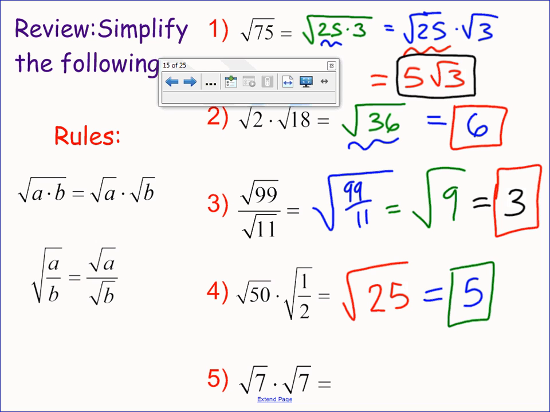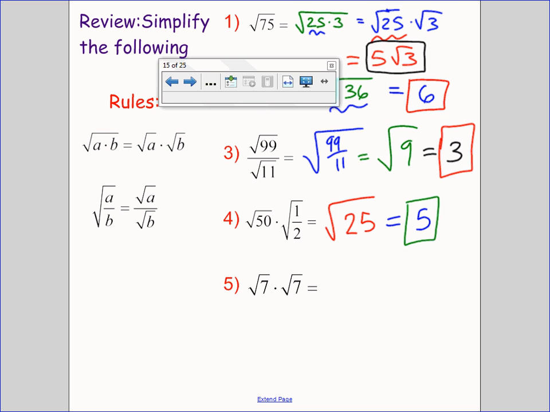And lastly, an equally important property, a square root times itself. In essence, a square root squared gets rid of the radical and gives you the quantity inside. We can do it the long way to verify, but after this we won't do it any longer. The square root of 7 times the square root of 7 is the square root of 7 times 7, which is 49. And what's the square root of 49? That's 7.